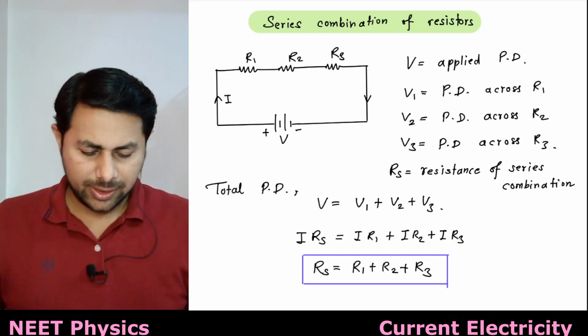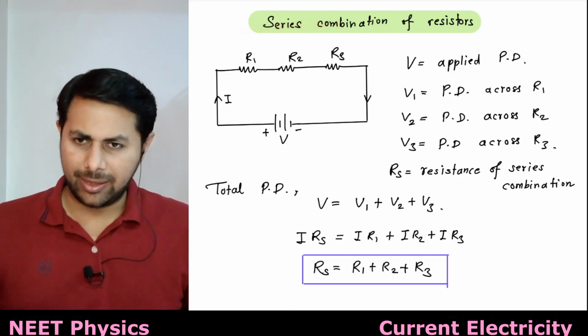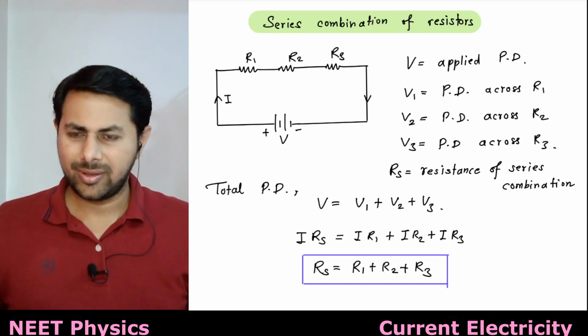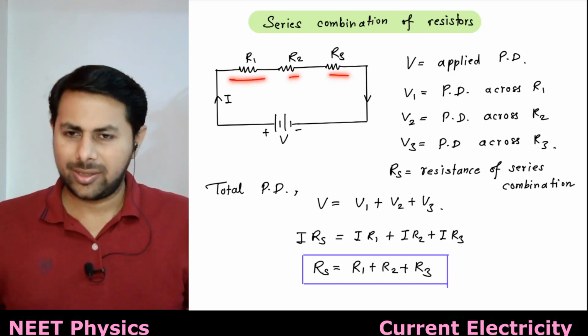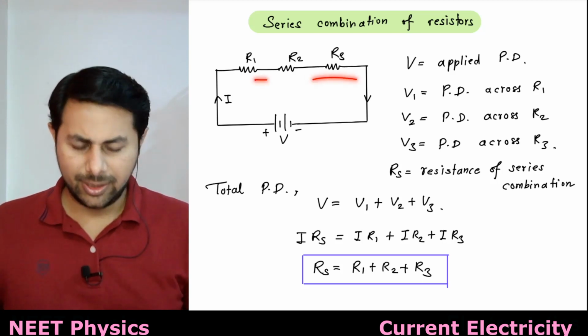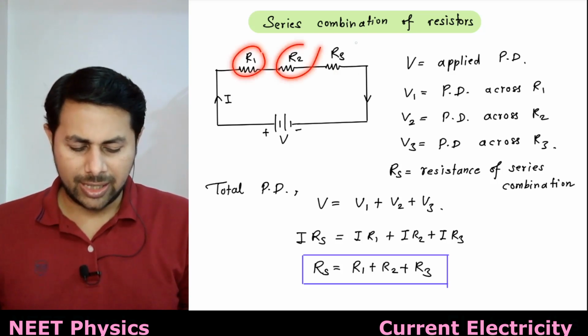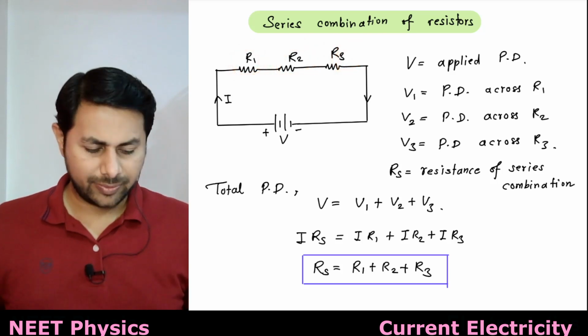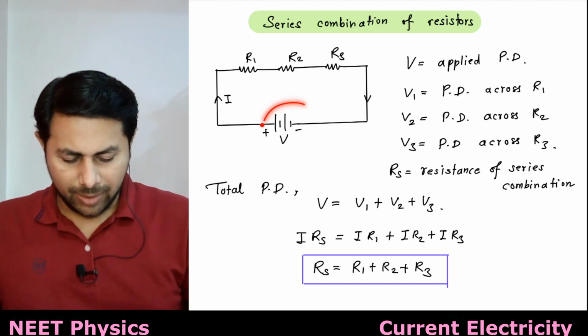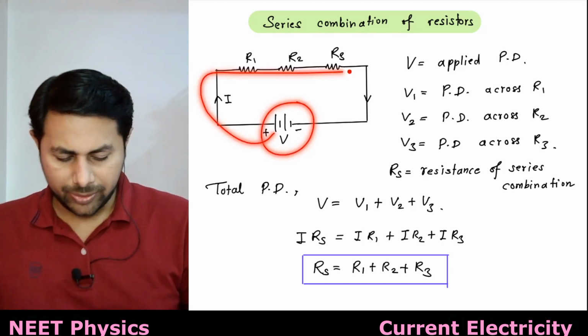Next is series and parallel combination of resistors. Suppose you connect n number of resistors or n wires in series combination, and their resistances are R1, R2, R3, and so on. When you apply a battery, some current will flow through them.